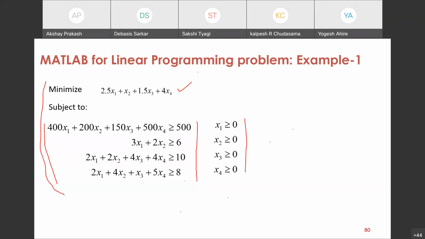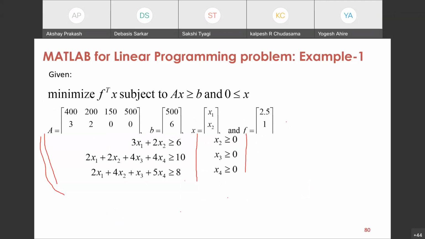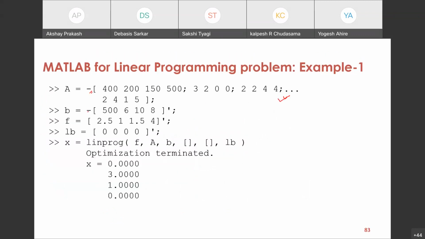To convert these, that is A, B, F coefficients, lower bound, all lower bounds are zeros.